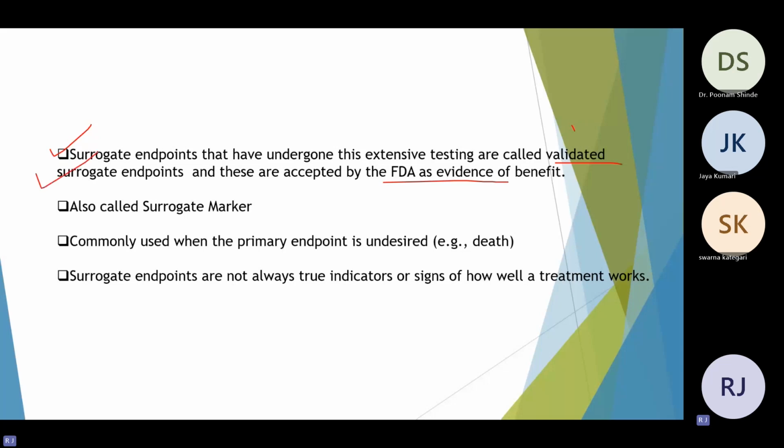Okay, surrogate endpoints are also called surrogate markers. Okay, one more thing, in a few places instead of endpoint they will use the words outcome measure.